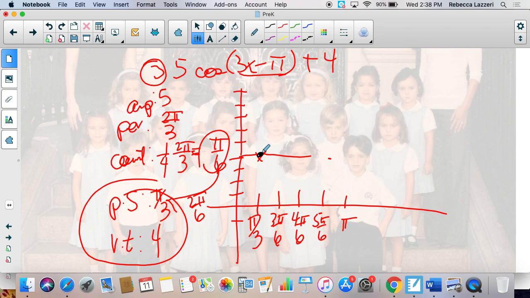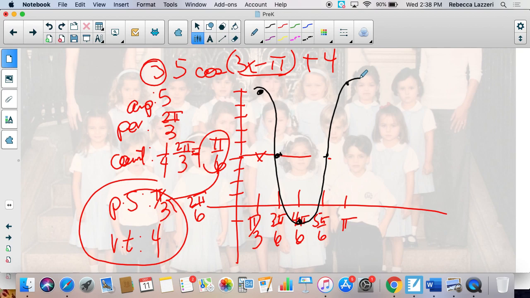But it's cosine. It's a positive cosine. So I'm going to put my first dot up 5. Then I'm going to come down, low, middle, up. Okay?